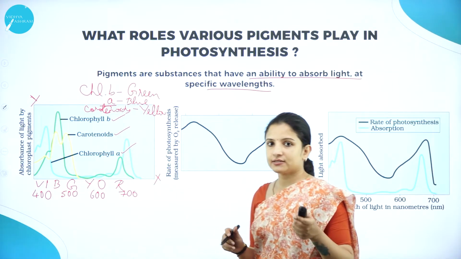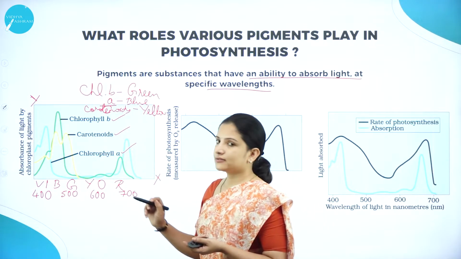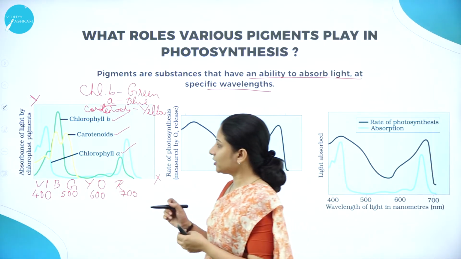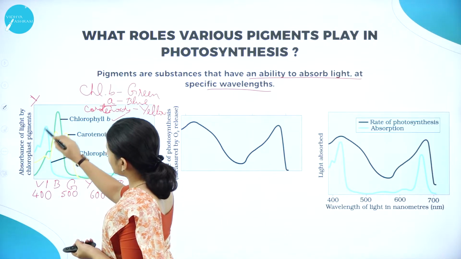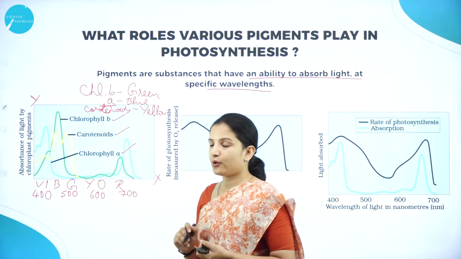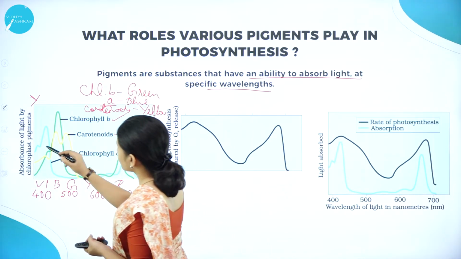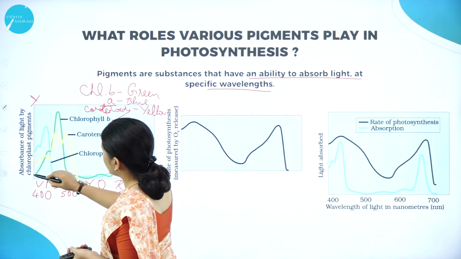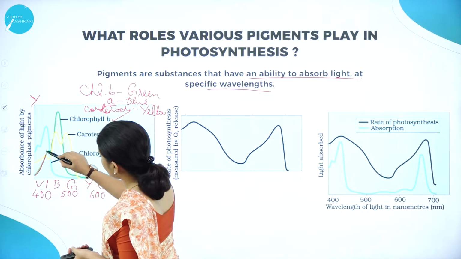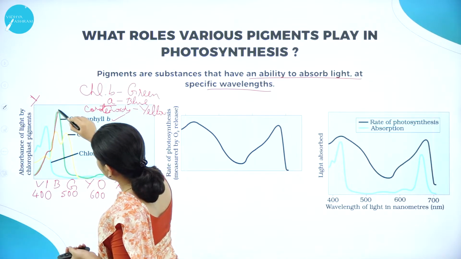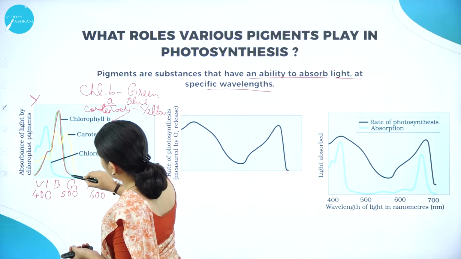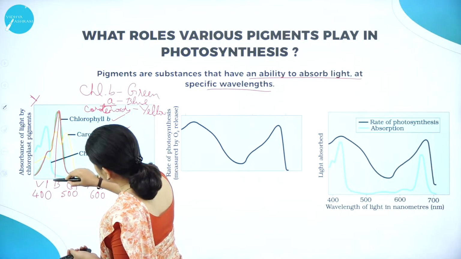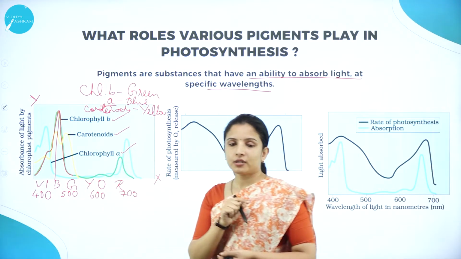Now we shall see which pigment exactly absorbs light at which wavelength. You can see a graph that is plotted. First it is chlorophyll B. If you see the chlorophyll B line, it has come to a maximum peak. I'll draw a line at the maximum peak. Exactly it comes to blue. So what does it mean?